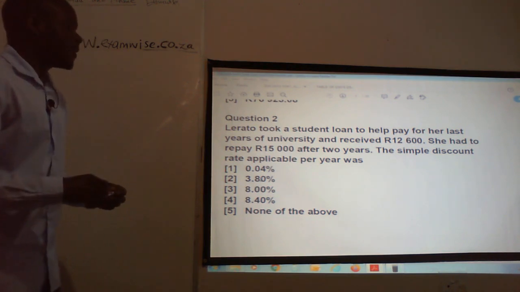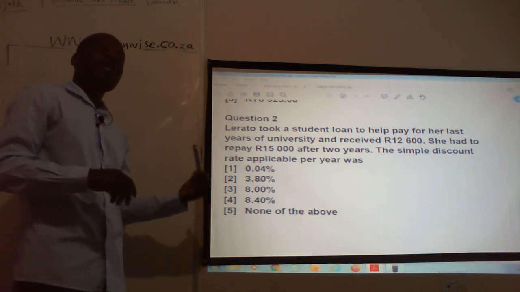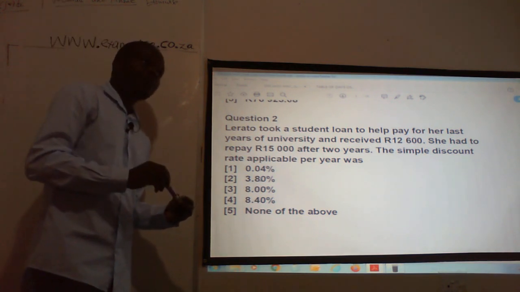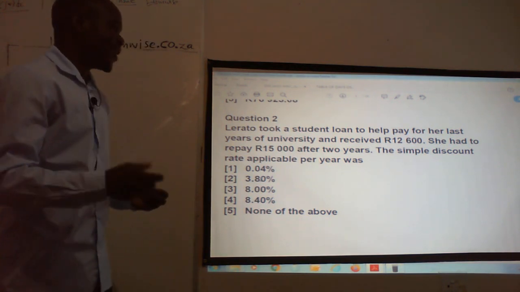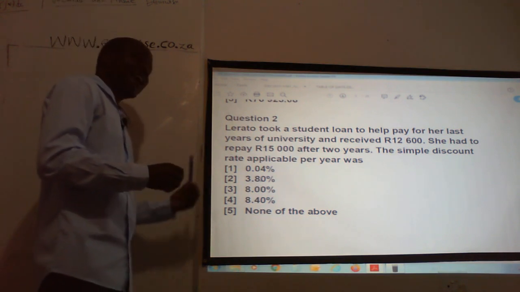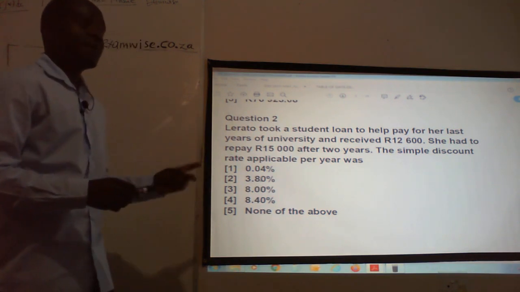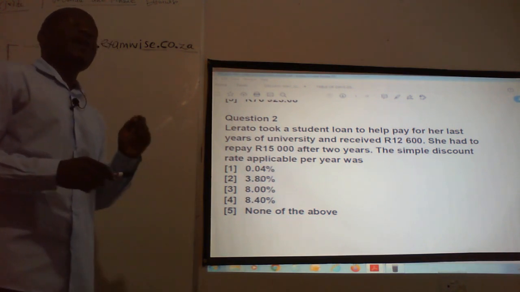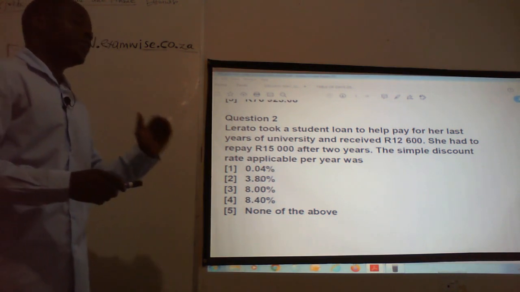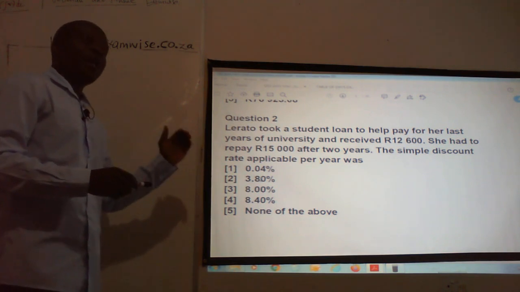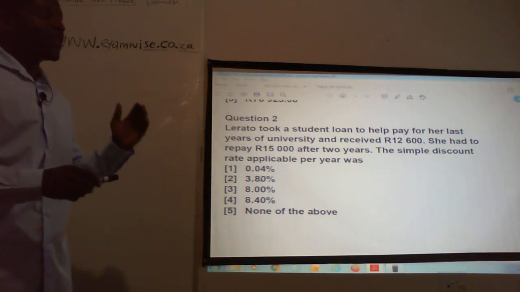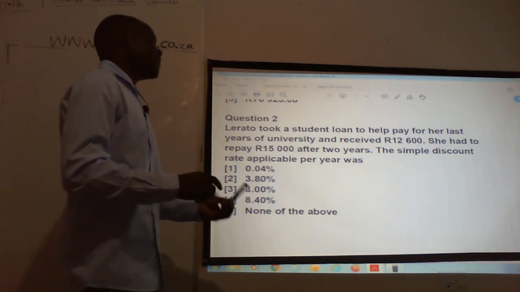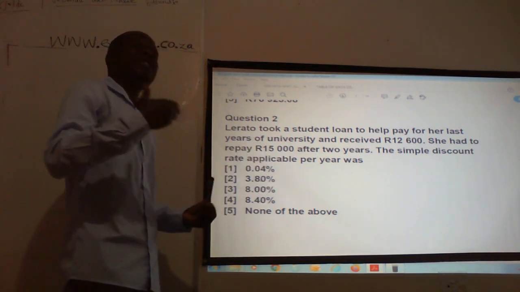Then the second question is, how are we going to calculate the simple discount rate? So from the question itself, we must have a guideline. If you still remember from question number 1, we said that as long as they said at a simple interest rate of, we are going to use the simple interest model. And then on this question, they are saying the simple discount rate.